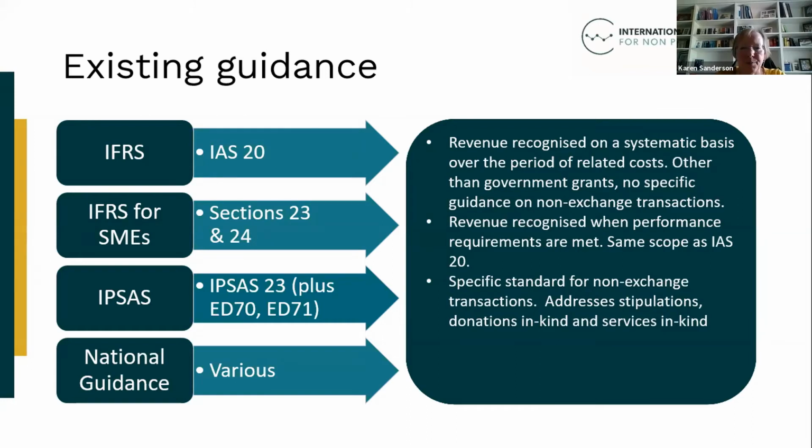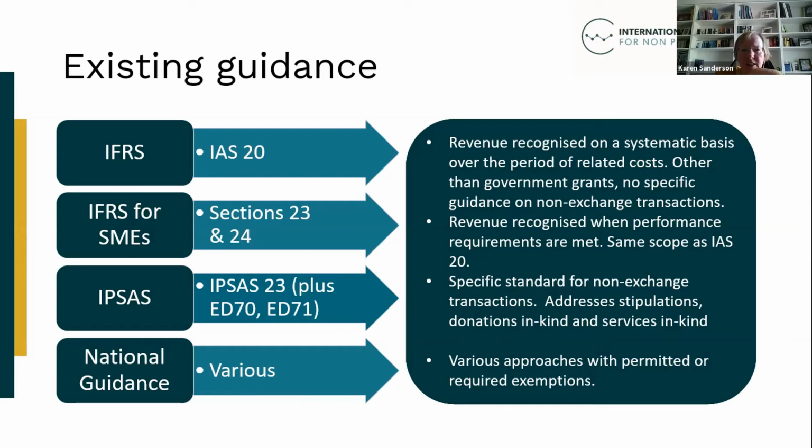And finally, just to touch on national standards, which in terms of the standards we've looked at have been variously converged on either IFRS, the full suite of standards, IFRS for SMEs or IPSAS, or they have been set independently of these international standards.